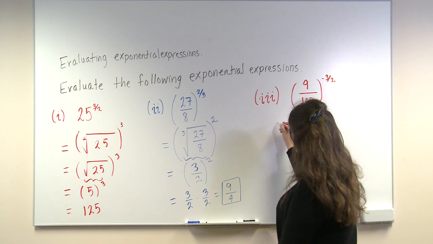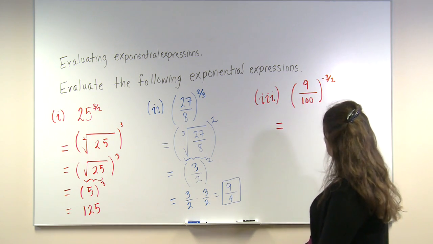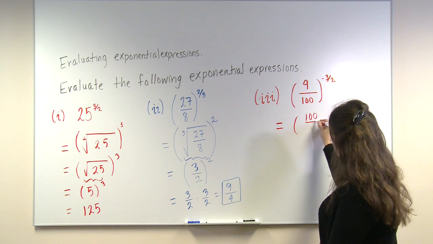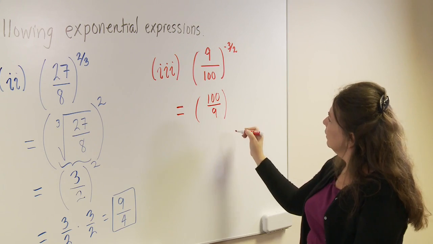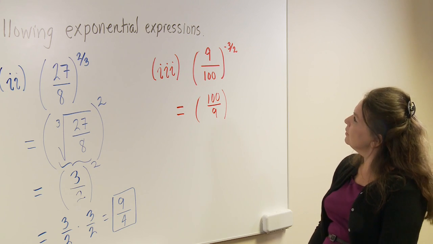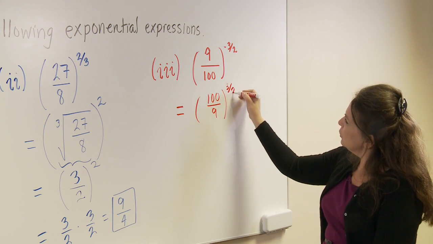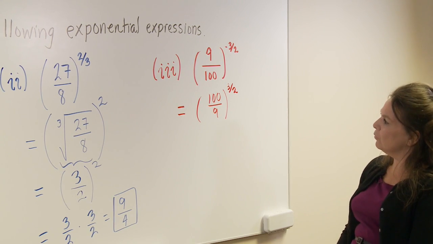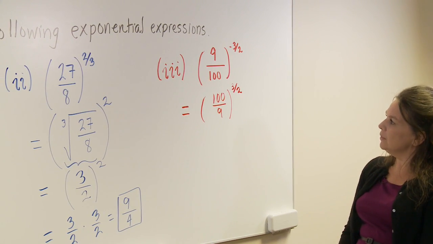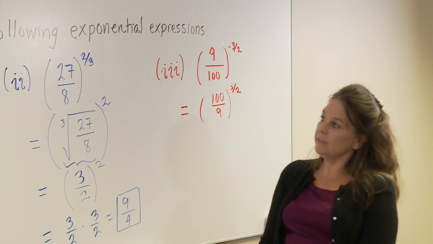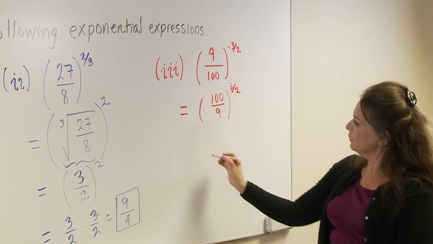So if I take the reciprocal of 9/100, I would have 100 over 9. And then I'm going to change the sign on the exponent from negative to positive. So we have 100/9 raised to the 3 halves power. And then I'm going to proceed like I did for problem number 2.